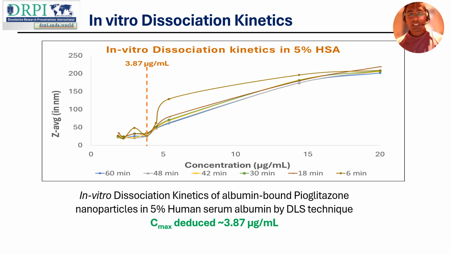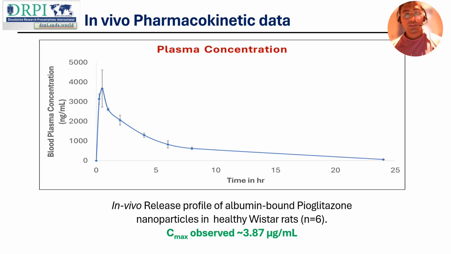The complementary studies like the in vitro dissociation kinetics and also the in vivo pharmacokinetic data generated in Wistar rats also comply with the data that we have seen with the in vitro dissolution study.